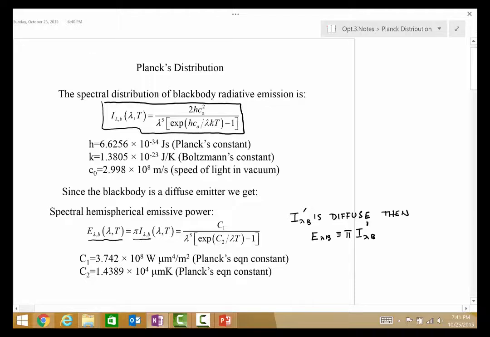And so there has been a collapse in the parameters, in that we have what are often known as Planck's first constant and Planck's second constant to parameterize this equation.